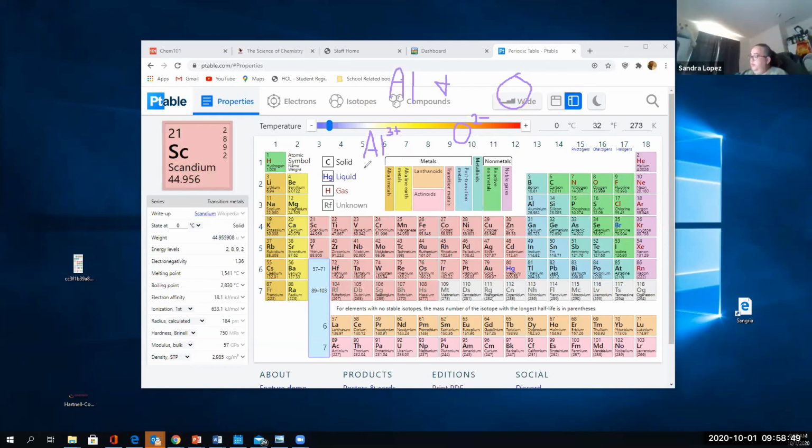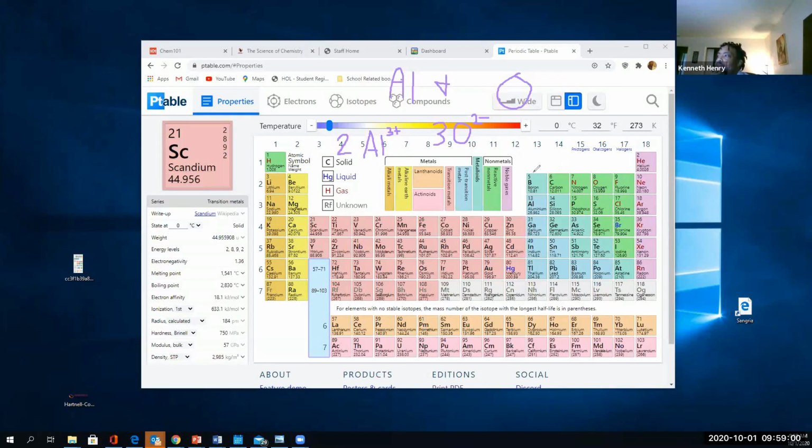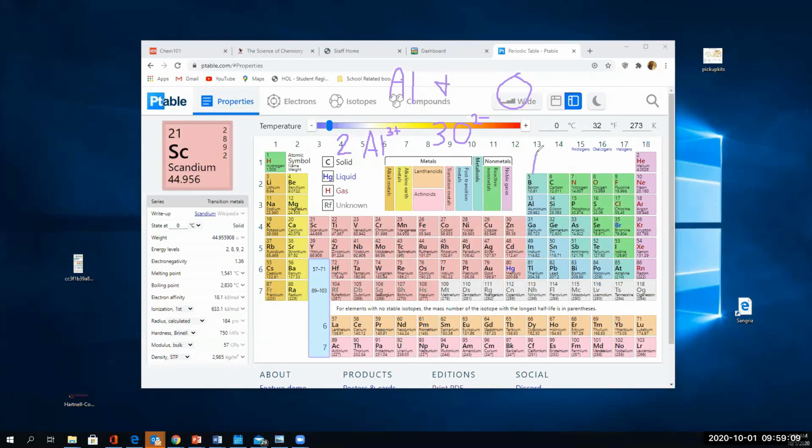No. 2 aluminum, 3 oxygen. Okay, so then my chemical formula is going to be Al2O3, correct? So you're kind of basically just flipping around the little numbers, right?